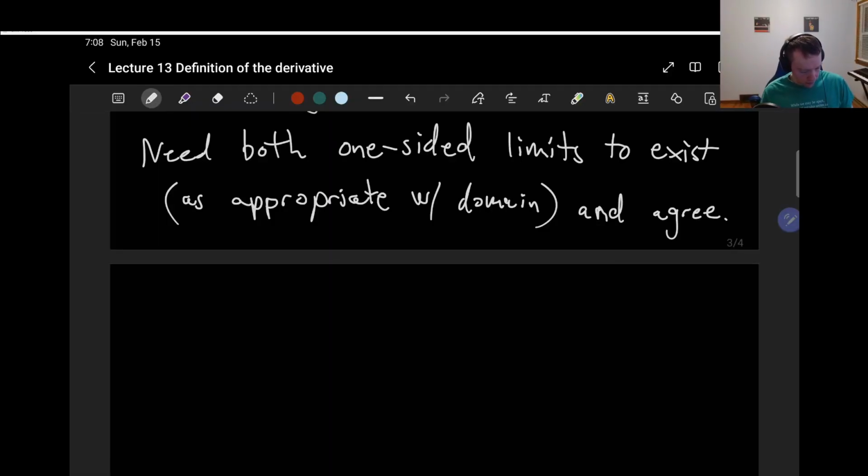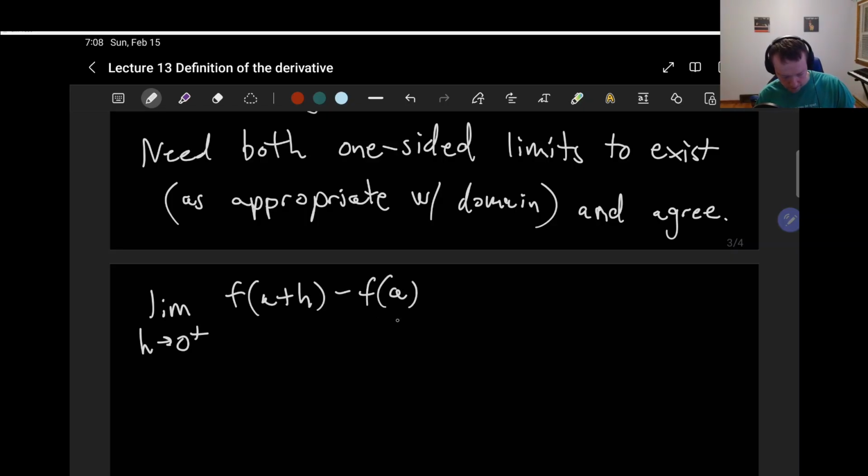All right, so the one-sided limits. That's just h approaching 0 from the right. And at the moment, we are talking about particular points. So I'm using a. Needs to agree with the left.